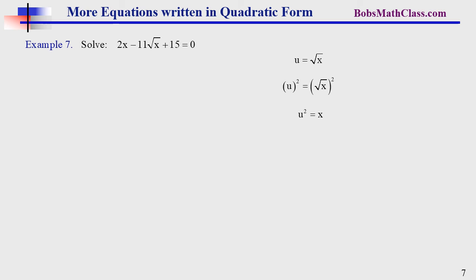So now, wherever you see a square root of x, you replace it with u. Wherever you see an x, you replace it with u squared. So now we have 2u squared minus 11u plus 15.